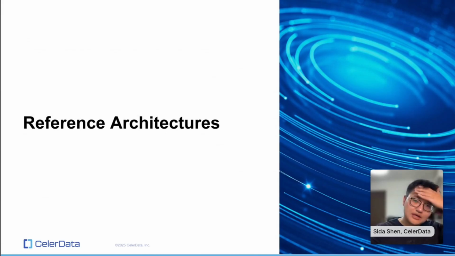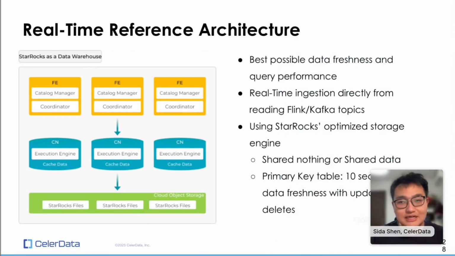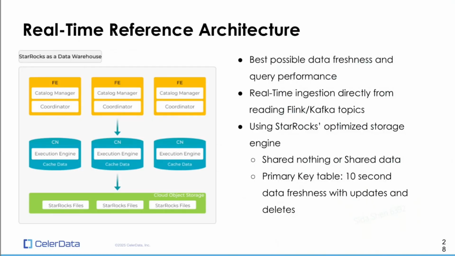So now let's talk about two reference architectures. I have them more laid out, more deep dived in the white paper I'm going to share later. So first is a real-time reference architecture, right? So basically use StarRocks as a data warehouse. This way you get the best possible data freshness and query performance.